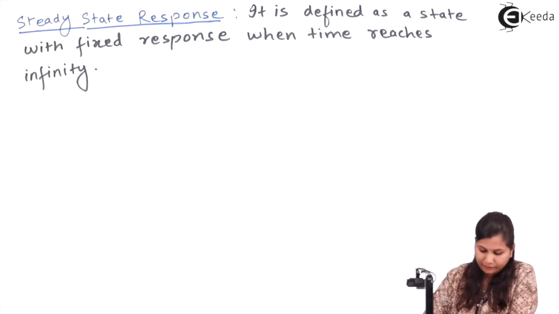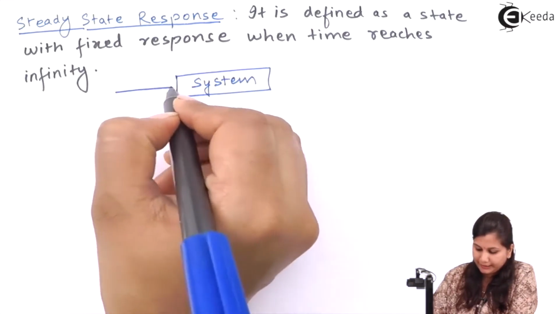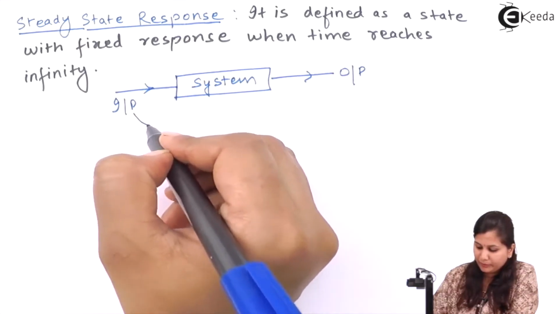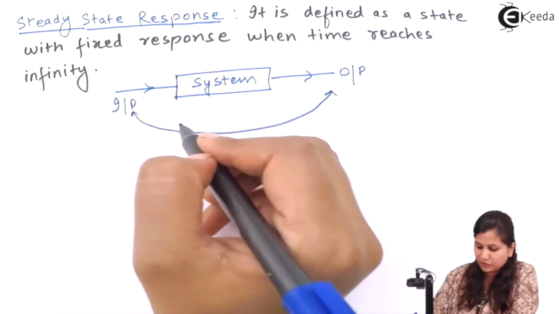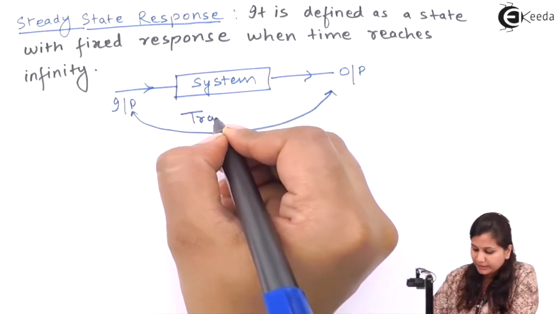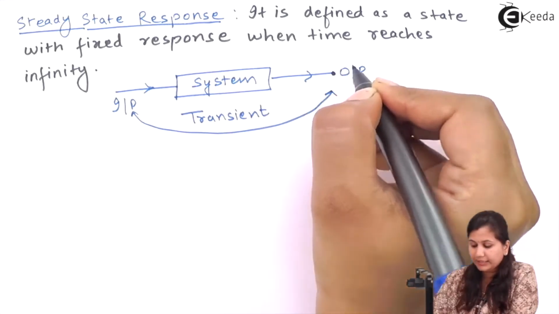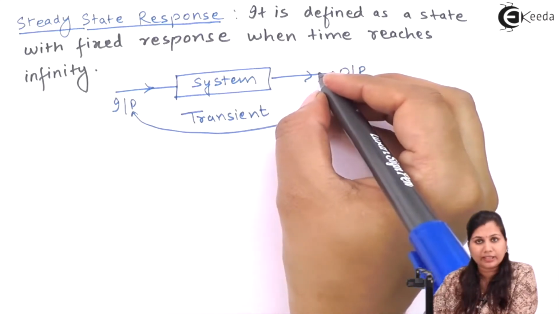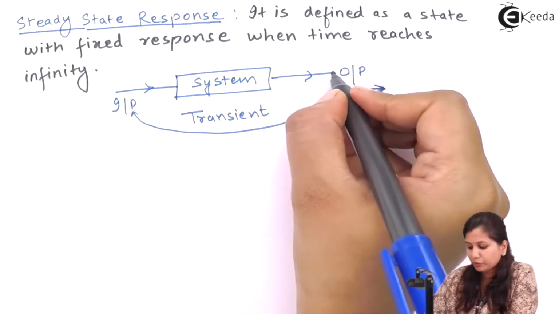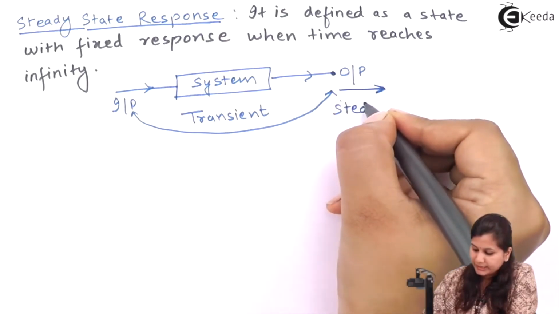When we have applied an input to the system and we are getting the output, in between these two states the system is changing, that is, the variables are changing. So that part is the transient. Now, when the system has attained the output, and time is changing but the state of the output or the state of the system is not changing, it means it has obtained a steady state.